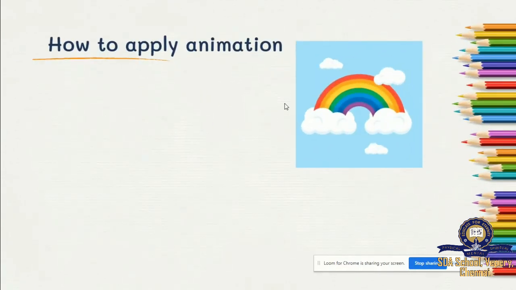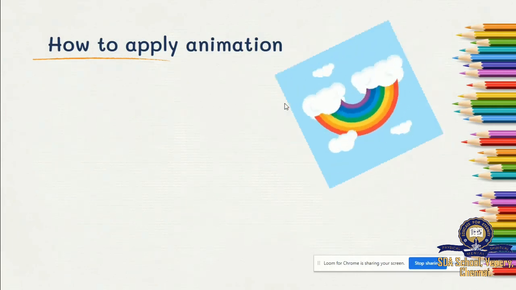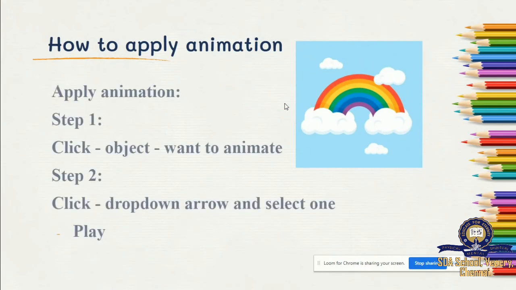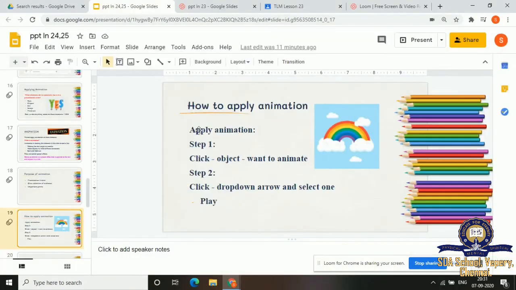How to apply animation? I'll show you how to apply animation. So I have animated this rainbow here. I'll show you how to do it. First of all, I have to click the object I want to animate. Clicking my object.